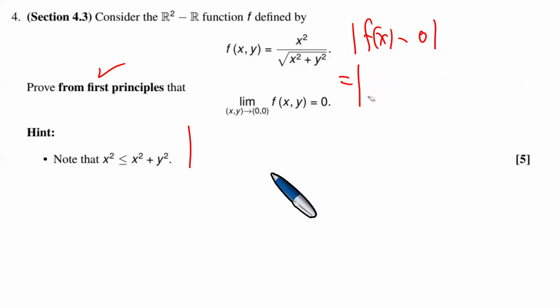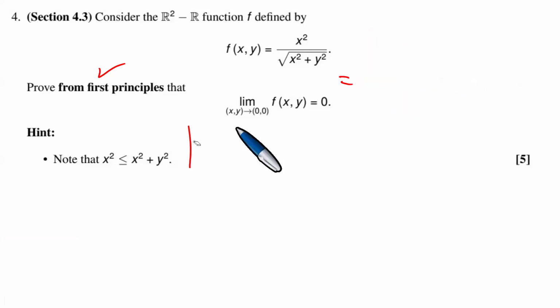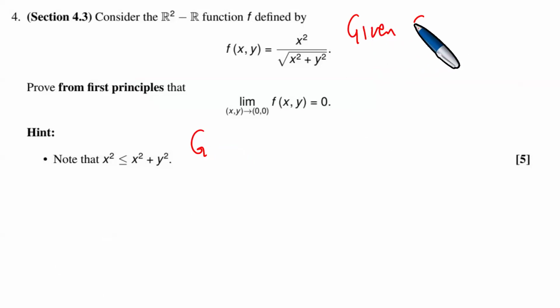Let's just describe these first. To describe these, we proceed as follows. We start by saying: given epsilon positive.